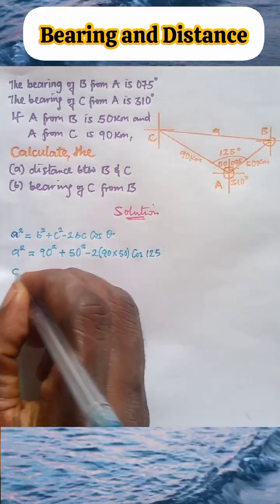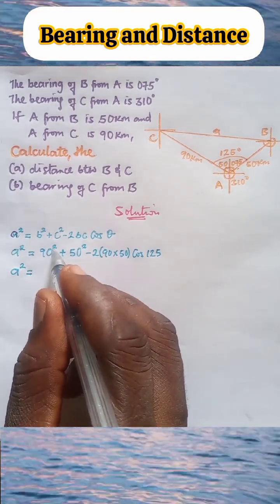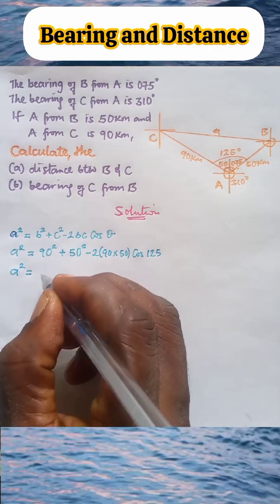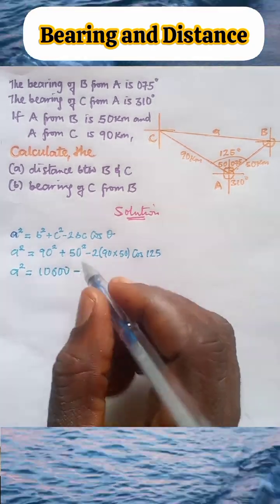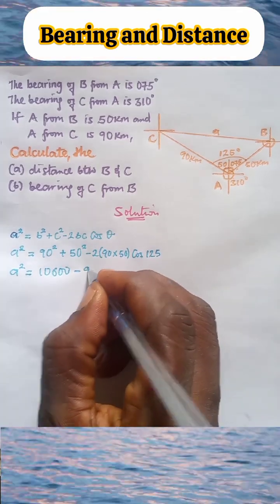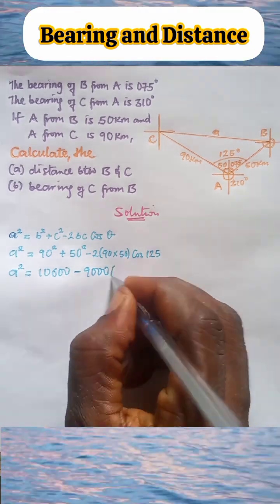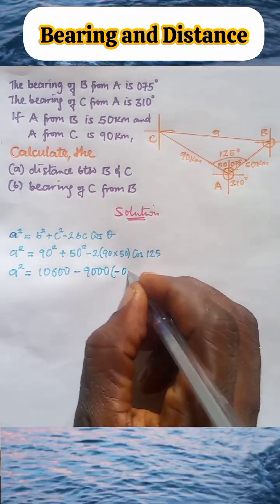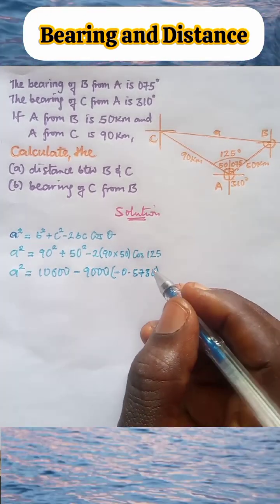We have that A squared equals, if you add 90 squared plus 50 squared, it gives us 10,600, minus 2 times 90 times 50, which gives us 9,000. Then cosine 125 is negative 0.5736.